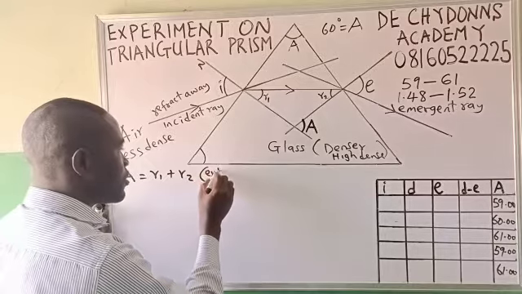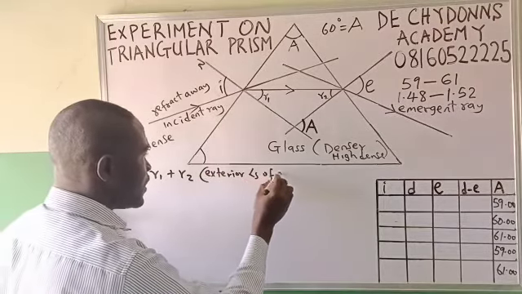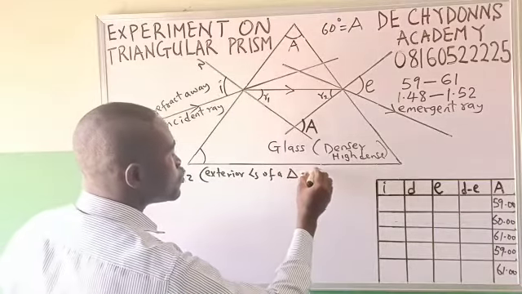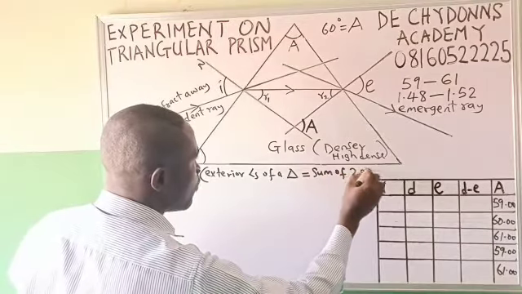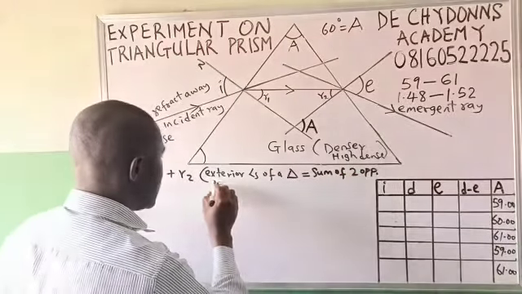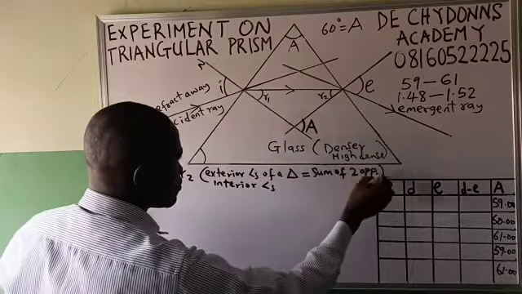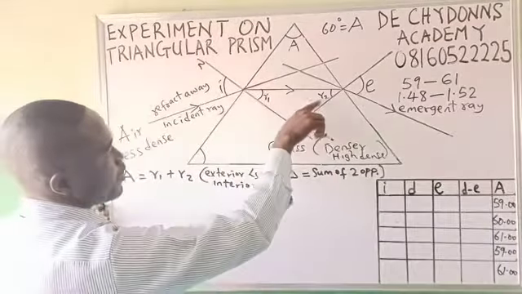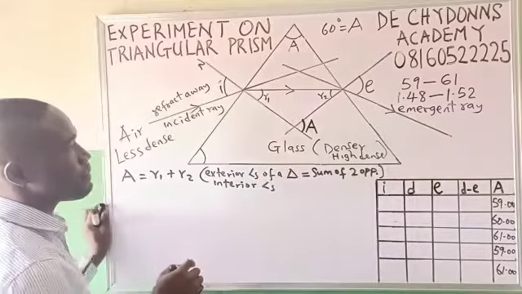An exterior angle of a triangle is equal to the sum of two opposite interior angles. So we have this. This plus this is equal to this.